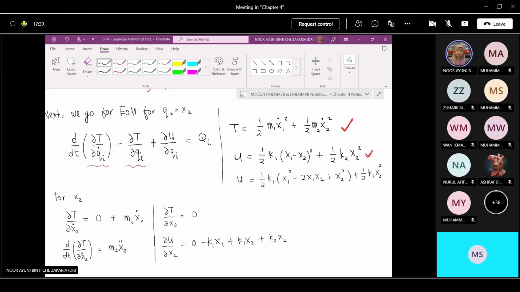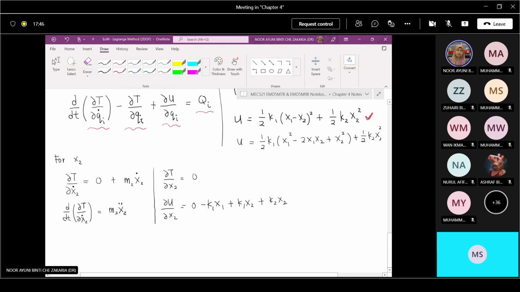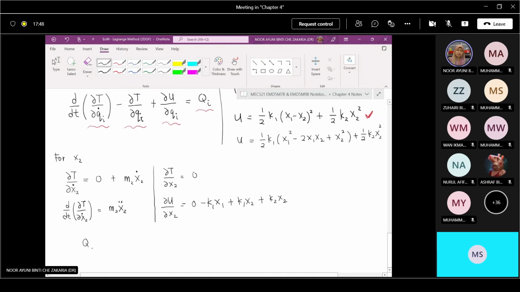Okay, so we have done this for Q. Q is given force and loss energy. So in this case, we don't have any given force or damper.